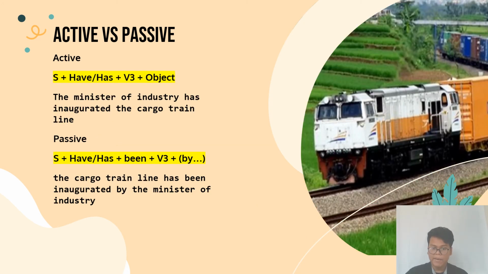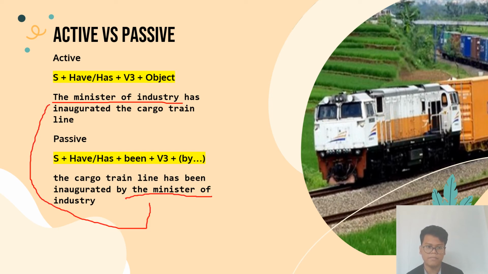Okay, the next example. The Minister of Industry has inaugurated the cargo train line. In the passive, the cargo train line has been inaugurated by the Minister of Industry. The Minister of Industry in the active sentence is the subject; in the passive voice, we move it to the back of the sentence as the object. We use has because the minister is singular.